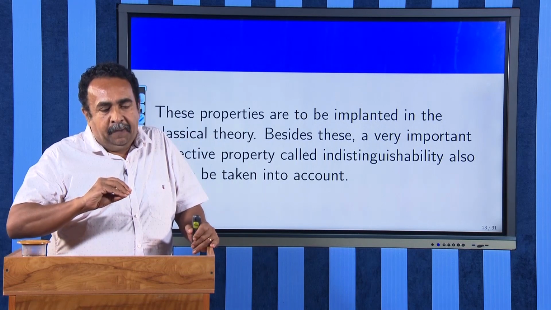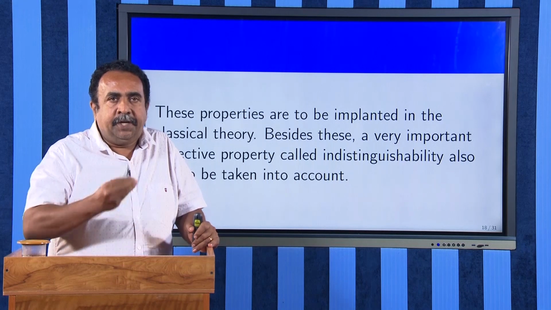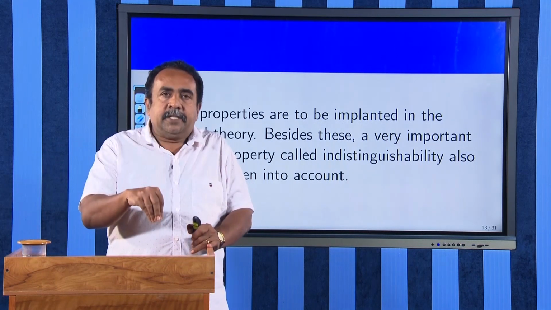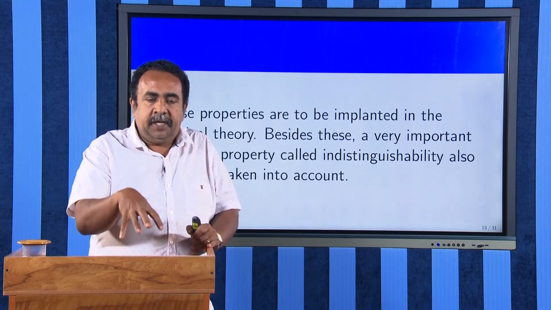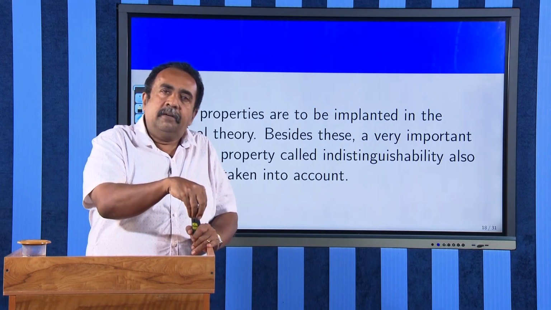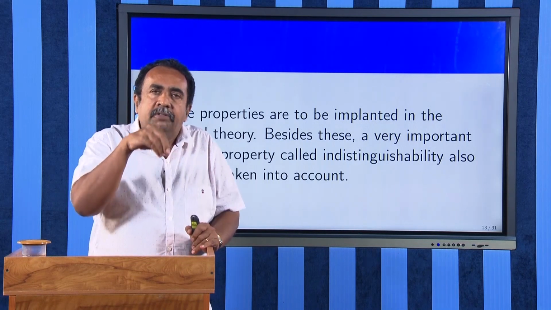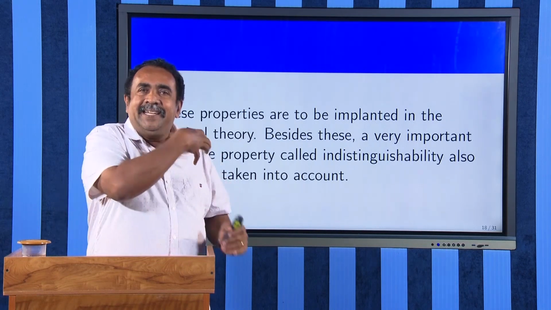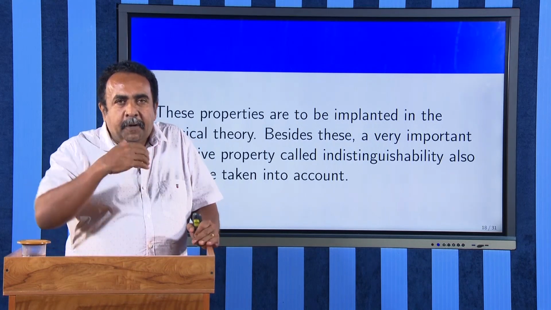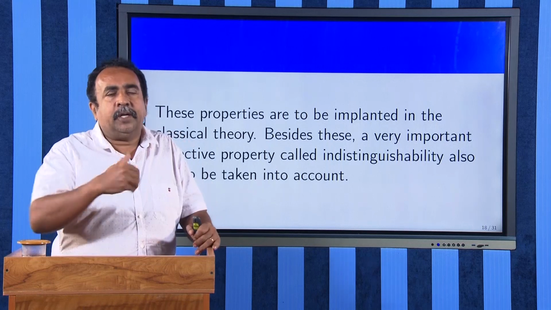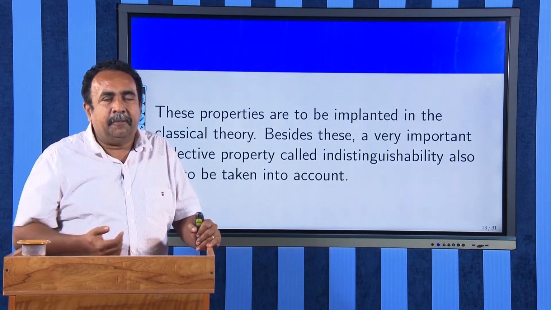A quantum system will exhibit quantum properties like black body radiation, the specific heat of a solid, Bose-Einstein condensation, etc. All these are due to these three properties I just mentioned. These properties have to be taken into account if I want to explain a quantum statistical phenomenon.